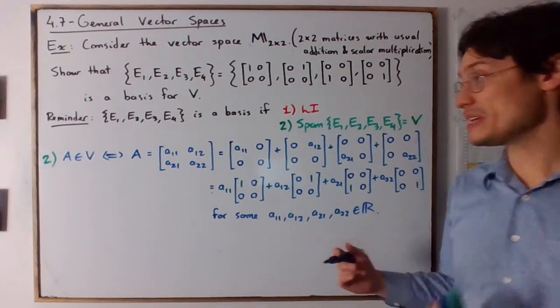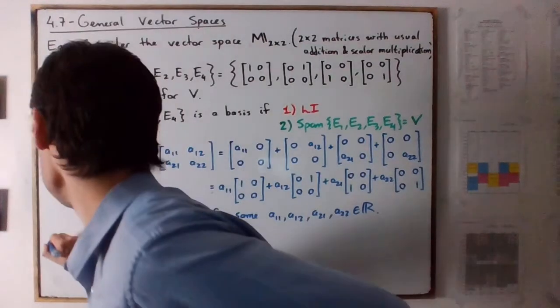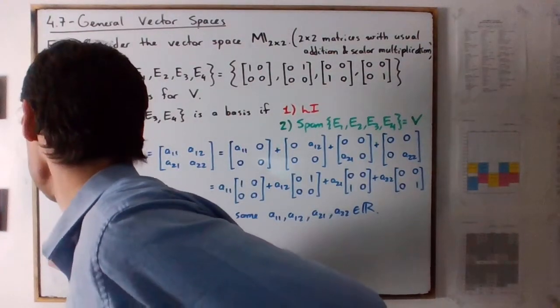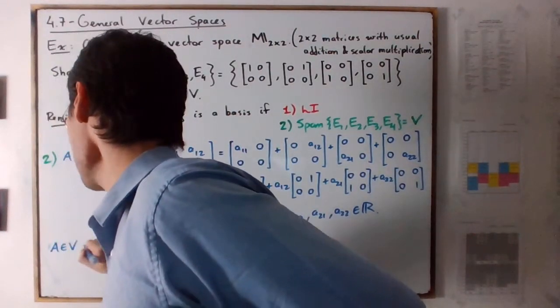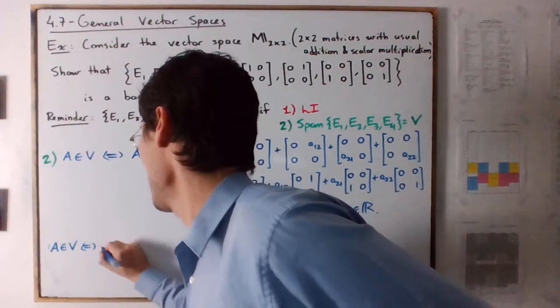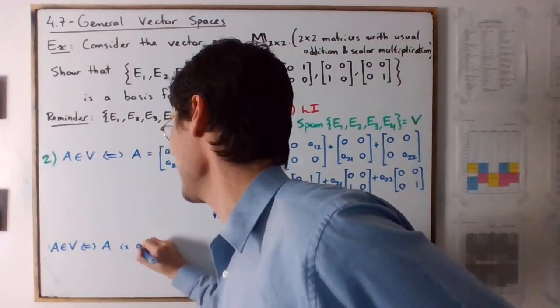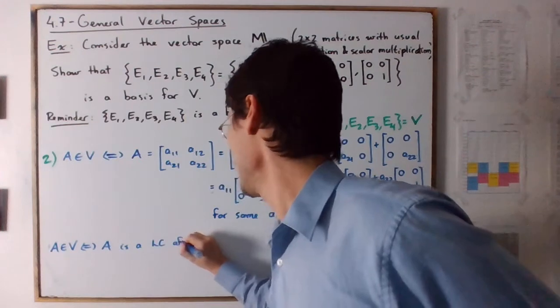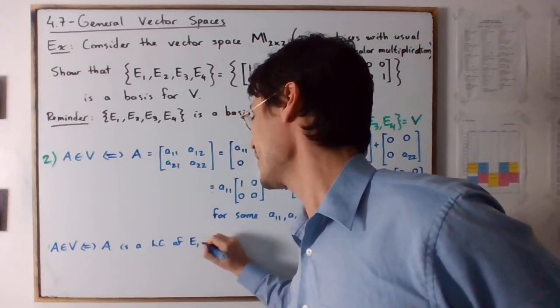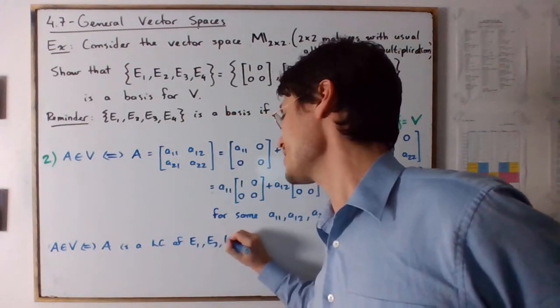Okay, so what does it mean? It means that A is in V. So let's rewrite this. A is in V if and only if A is a linear combination of E1, E2, E3, E4.